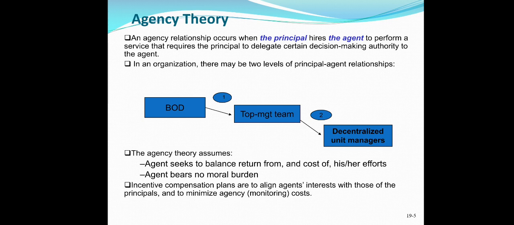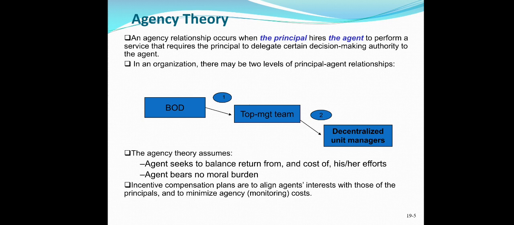The basic word here is agent. So this theory explains the relationship between two parties, principal and agent. According to this theory, the principal hires the agent to do something. An agency relationship exists when somebody hires another person to do something for him or her. The person who hires the agent is called the principal.